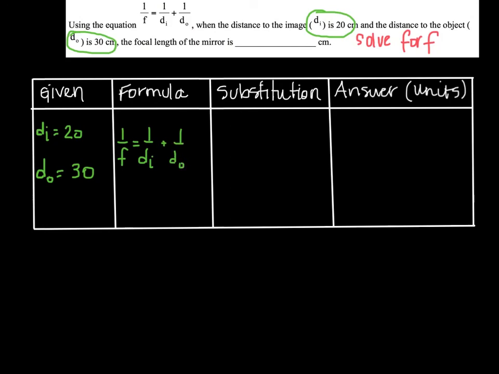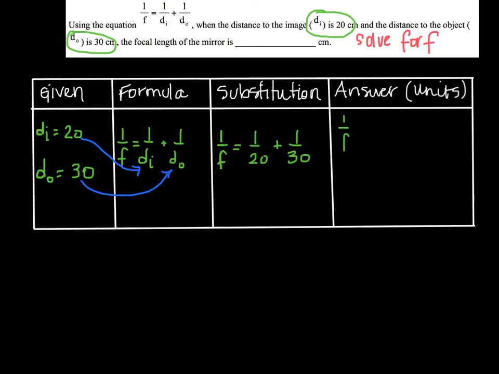And we're going to substitute these: 20 in for d sub i, 30 in for d sub o. So I'm going to get 1 over f equals 1 over 20 plus 1 over 30. If I add these together, let's just go ahead and do this over here in the solution.